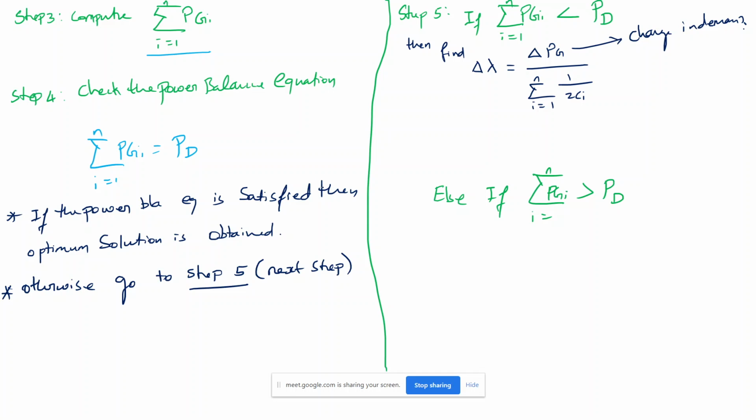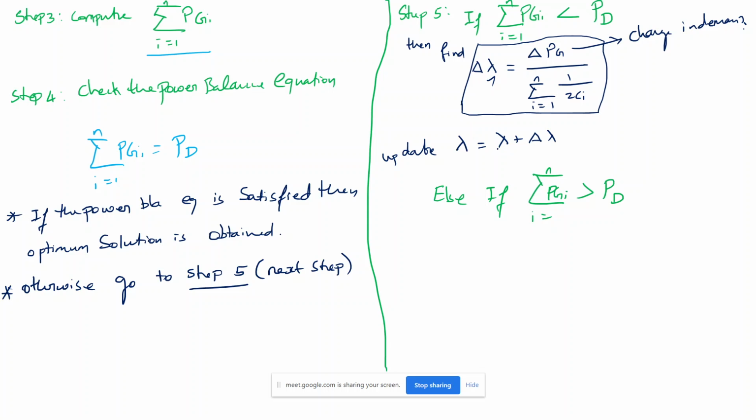And then after finding this delta lambda, you need to update the new lambda value as the old lambda plus the change in lambda. You find this value and you already know the lambda you used at step 4 or step 3.